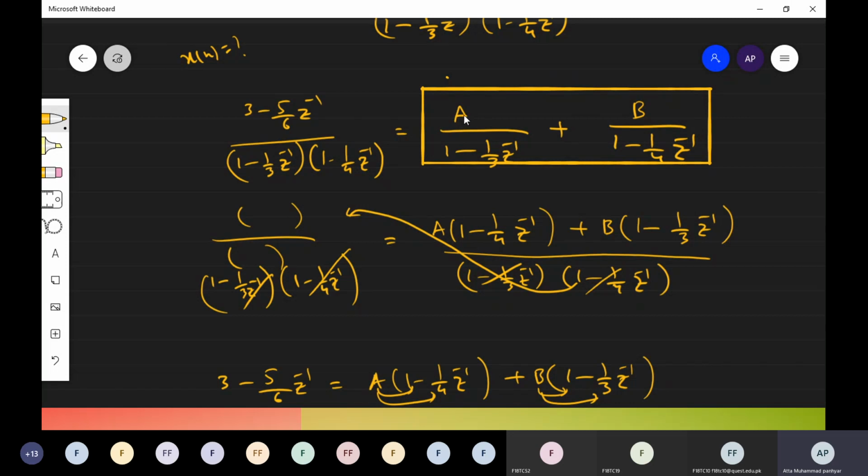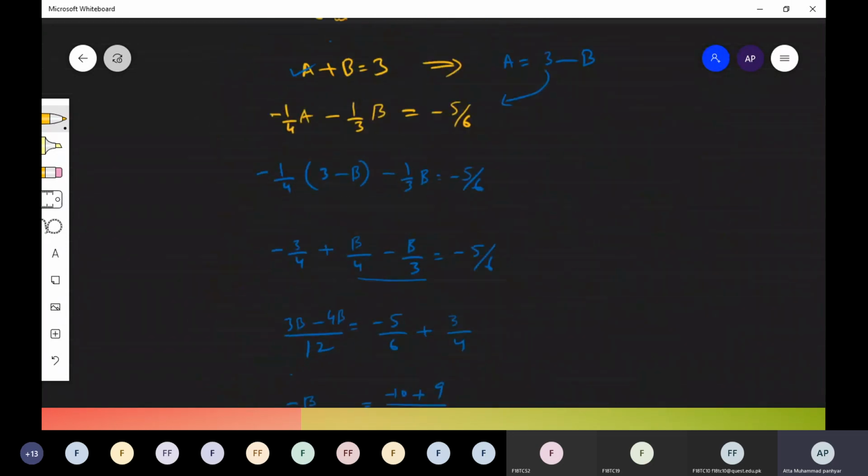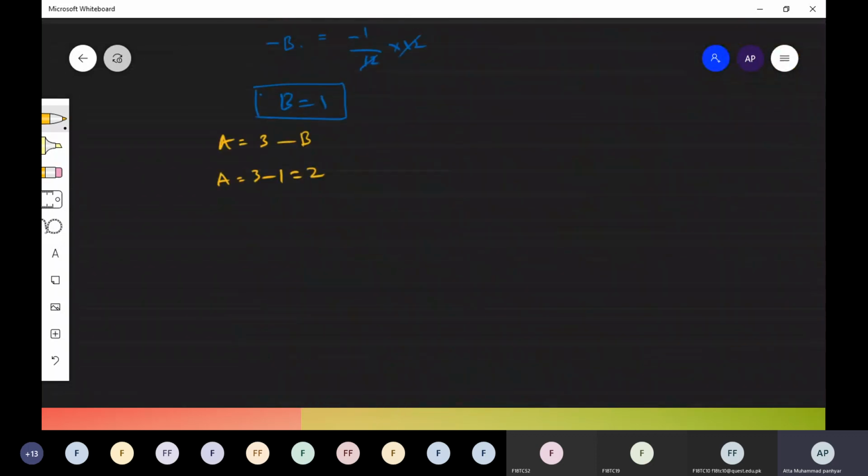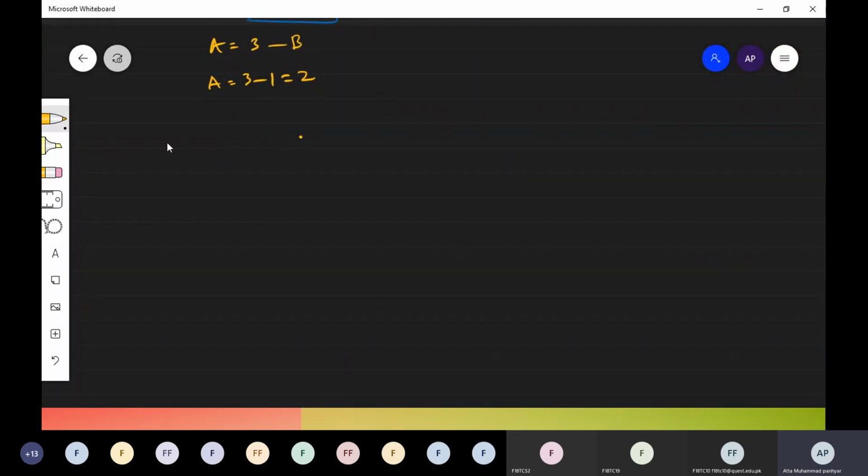So a is 2 now and b is 1. Remember that. And one thing, 1 upon 3 is below a. So I can say that X(z) is equal to 2 upon 1 minus 1 upon 3 z inverse plus b is 1, 1 minus 1 upon 4 z inverse.